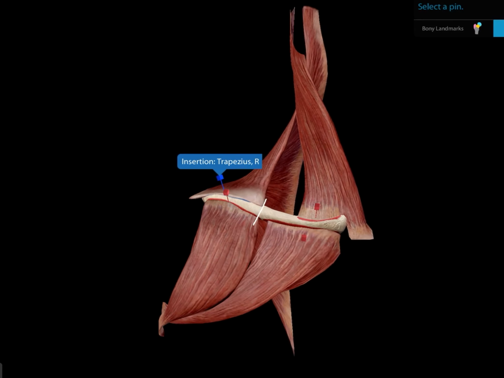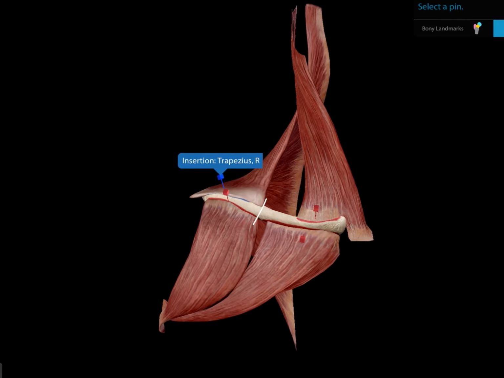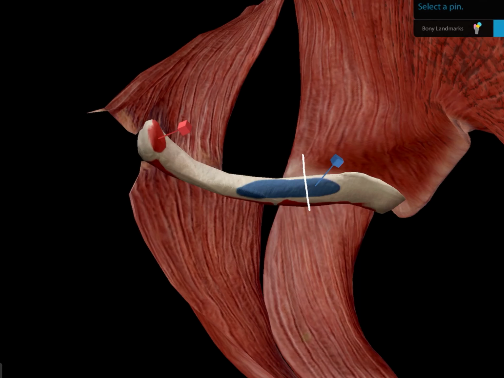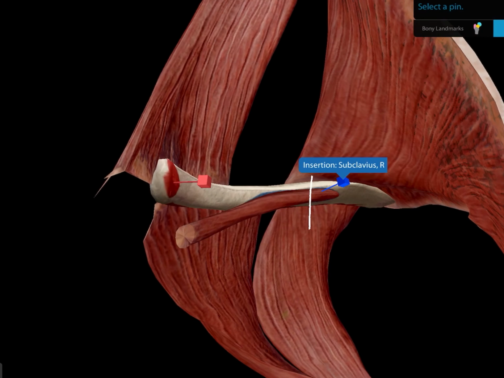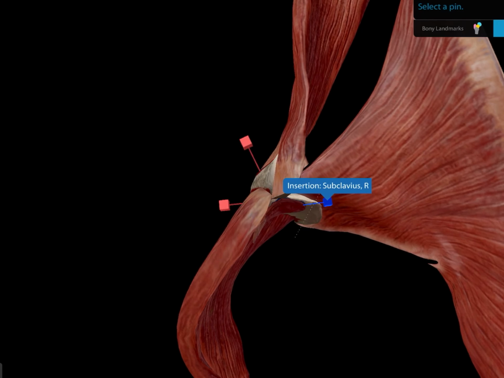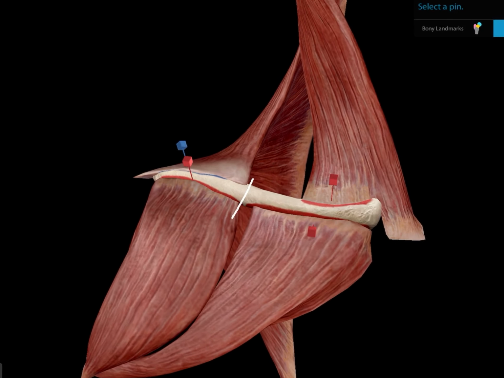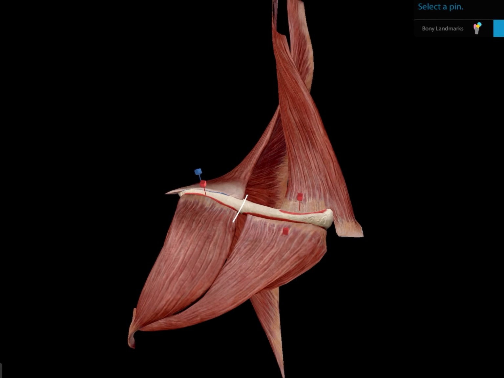Can you see that? The neck as well as the chest muscles can be seen here. Finally, let's have a look below. That is the subclavius attaching to the first rib, thus stabilizing all the movements of the shoulder. So these are the muscle attachments on your clavicle.